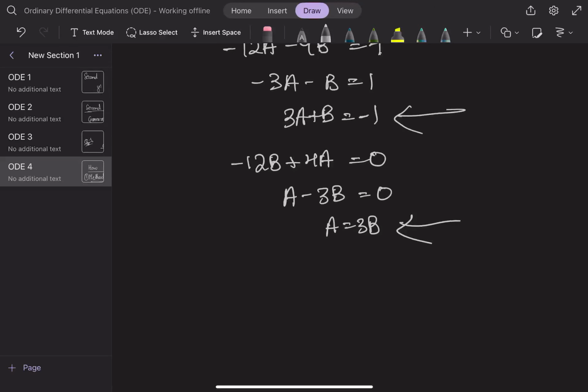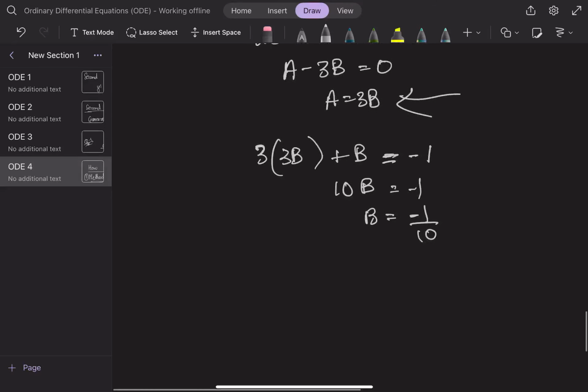Let's put a as 3b. 3 times 3b plus b is equal to minus 1. So that's 10b is equal to minus 1. b is equal to minus 1 by 10. Since a is 3b, it is minus 3 by 10.